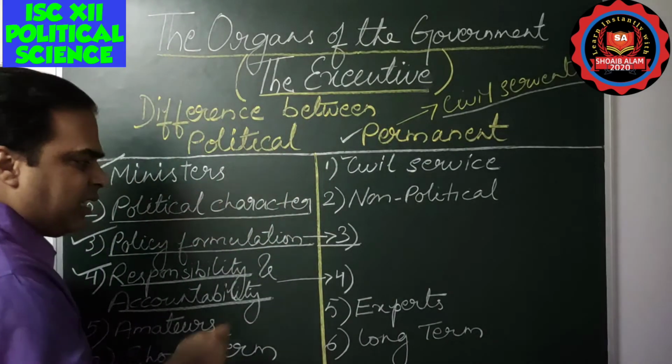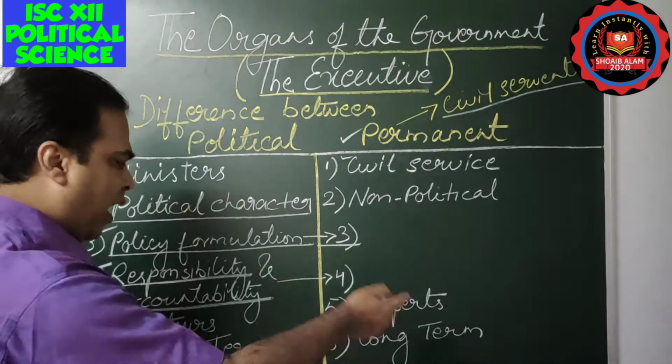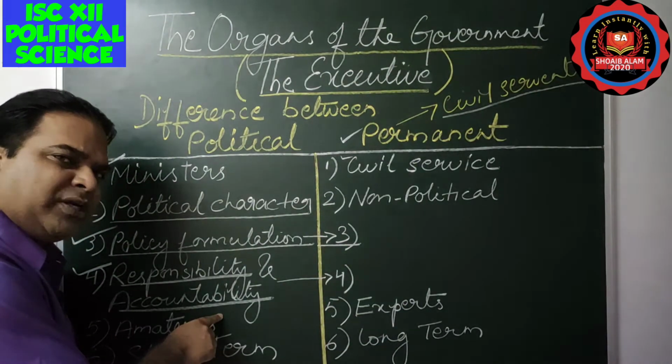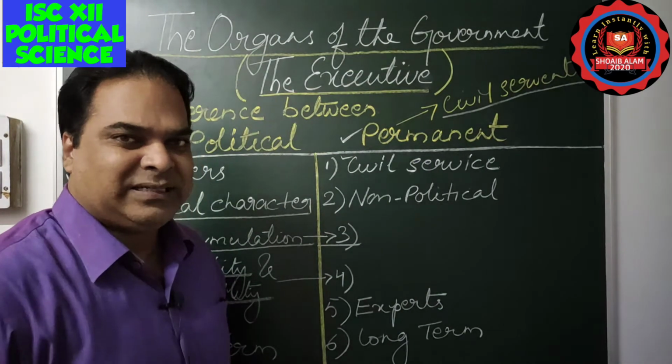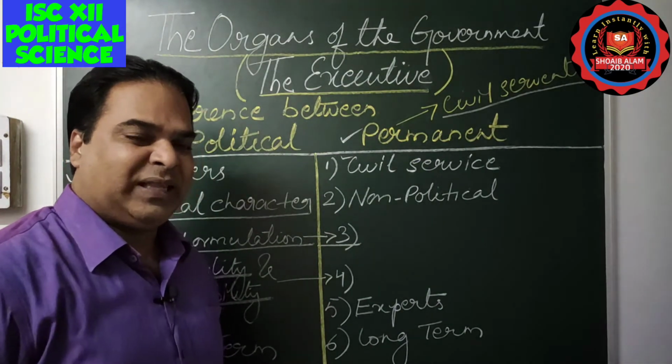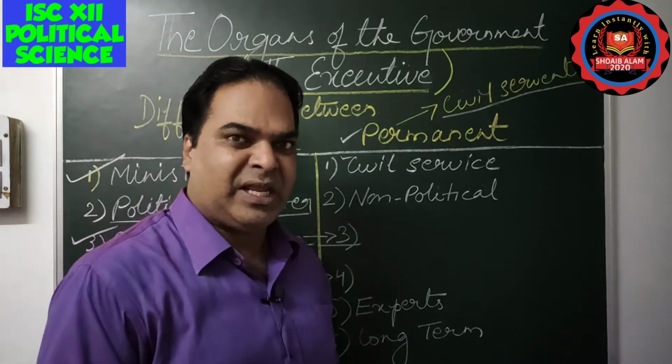Whereas the permanent executive, who are the ones to aid and advise the political executive, are not responsible to the people. They are not the elected ones. They are the appointed ones. They have passed the civil service examination.